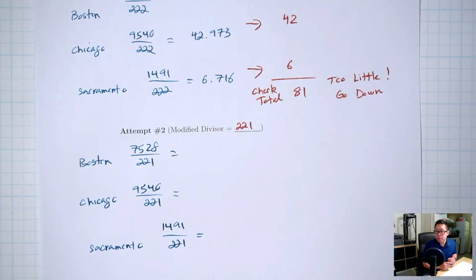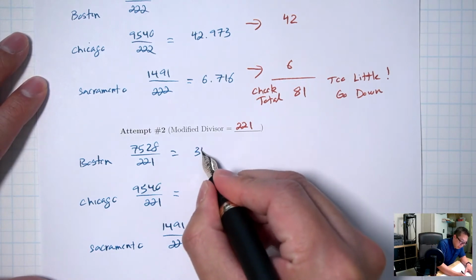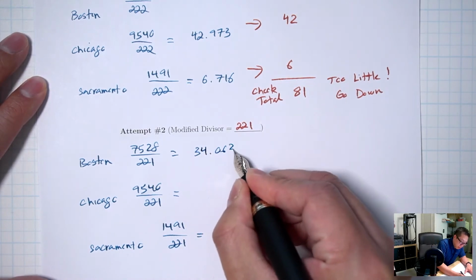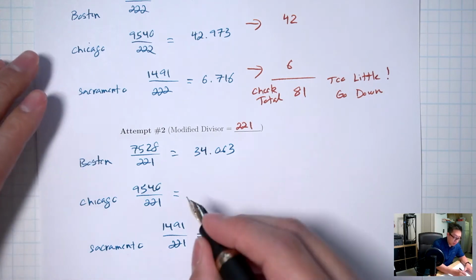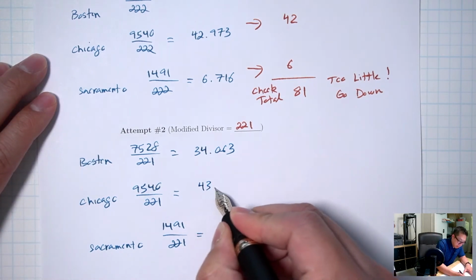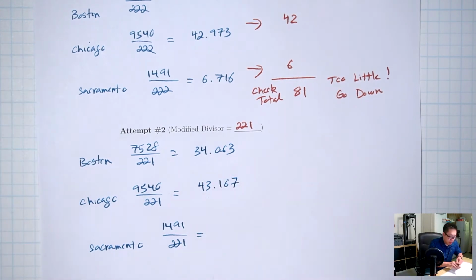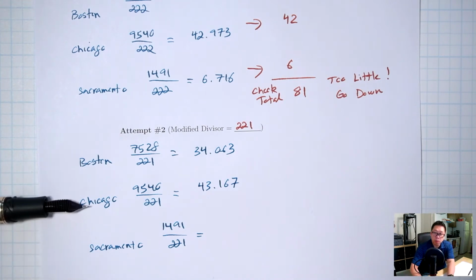Round to 3 decimal places. This is 34.063. 9540 divided by 221 is 43.167. 1491 over 221 is 6.747.